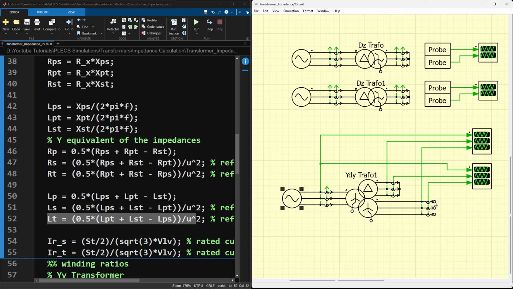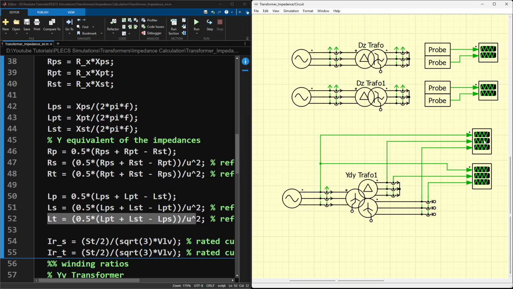So this is the condition. We cannot short circuit both of the secondary sides or leave both secondary sides open in order to verify or validate our calculations. So as you see, we have applied the percentage of the voltage to the primary side, short circuited the delta secondary side, and open circuited the tertiary star connected side.